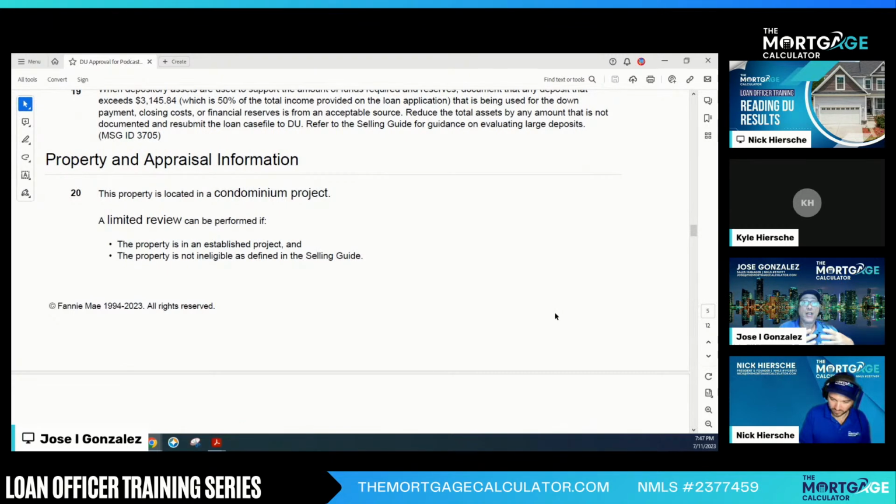Now, in every other state other than Florida, at a 90% LTV or lower, you can do it as a limited review. Florida, it's 75% or lower for primary and second home, and 70% or lower for investment property, right? So that's a good point to consider, because what that does is it allows you to use the short form, which does not ask questions about the budget, does not ask questions about delinquencies in the collection of the monthly assessment.